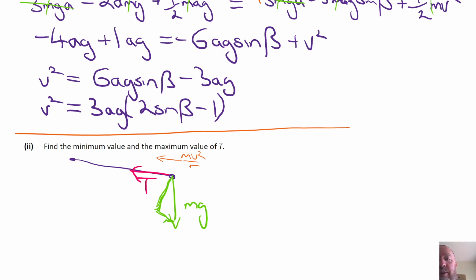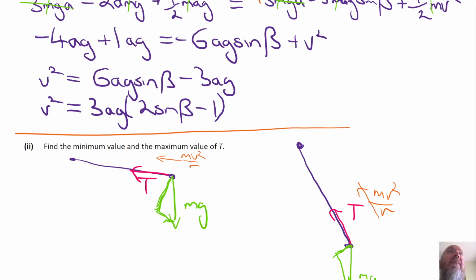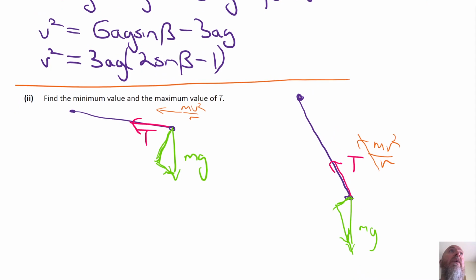Whereas if we have something that's much closer to vertical, we have whatever the tension is at this time up, we have the mv squared over r up towards that center of the circle, and gravity is down. And in this case, the amount of gravity that is working against the tension is way bigger.